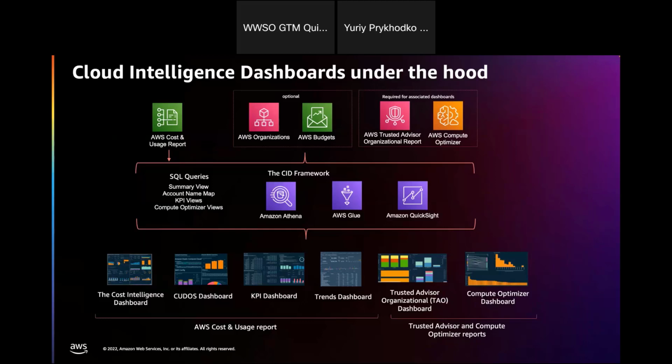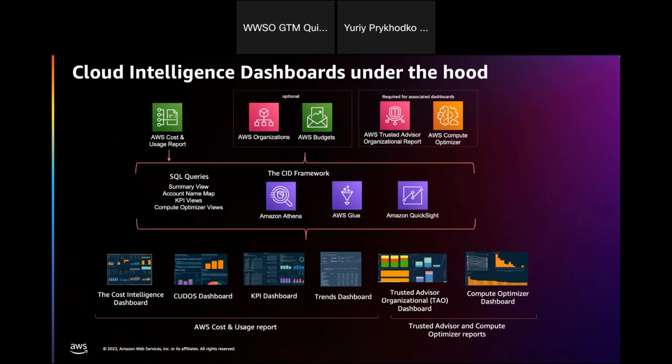So once you have deployed these Cloud Intelligence Dashboards, you have ready-to-use dashboards, and you can use them as is, or, as I mentioned, you can customize them. I will share with you a link at the end of the presentation to our customization guides, which you can use to build on top.